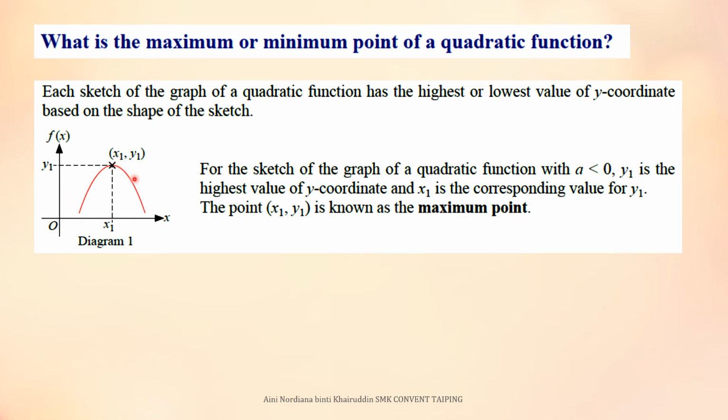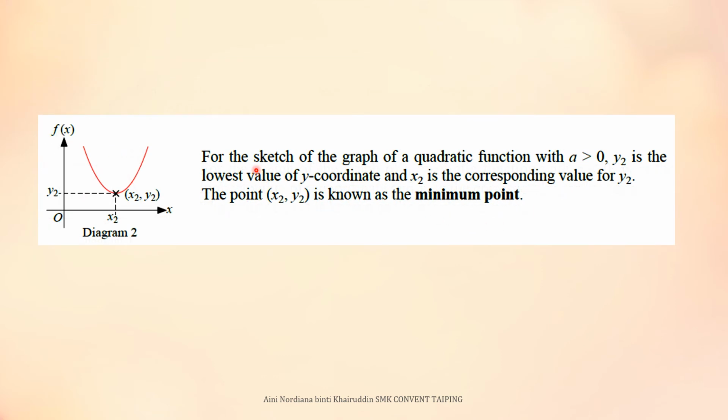For a sad-shaped graph, this is a value of a less than 0. For sad-shaped graph, we have a maximum point. For the sketch of graph of quadratic function with a greater than 0, there is a minimum point.